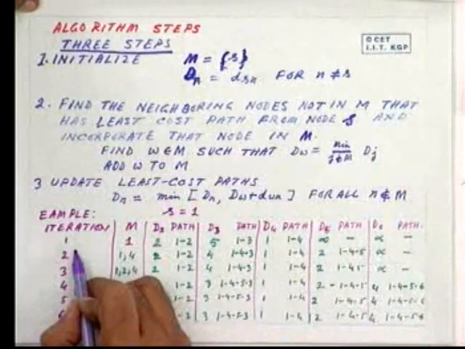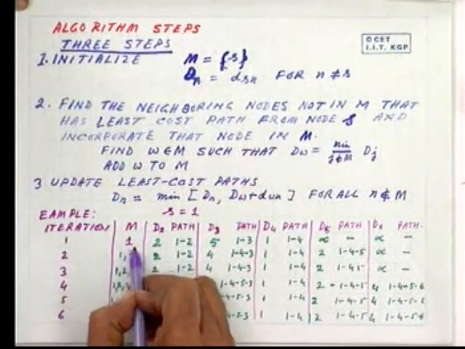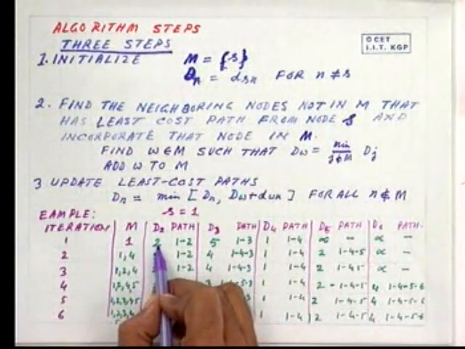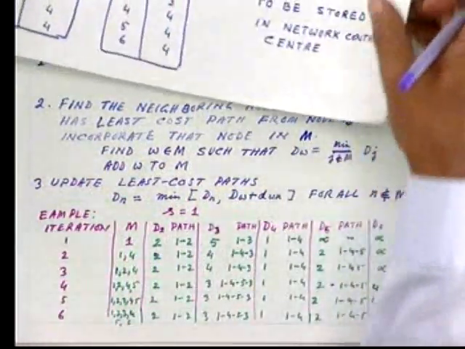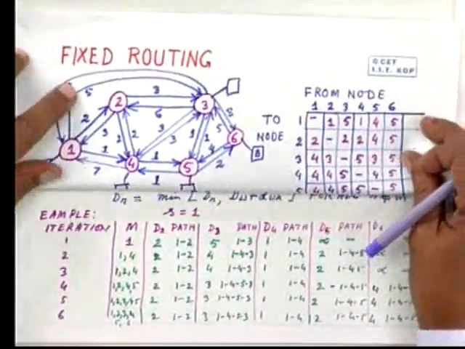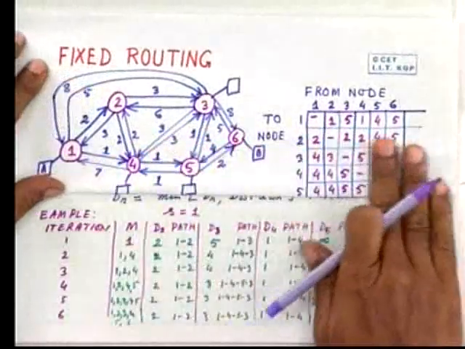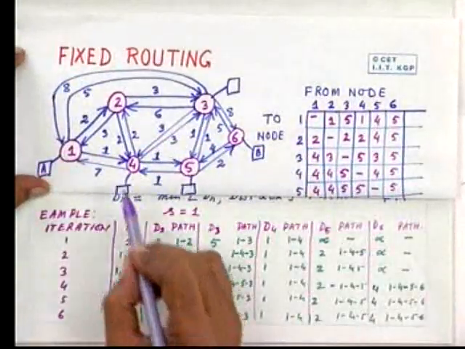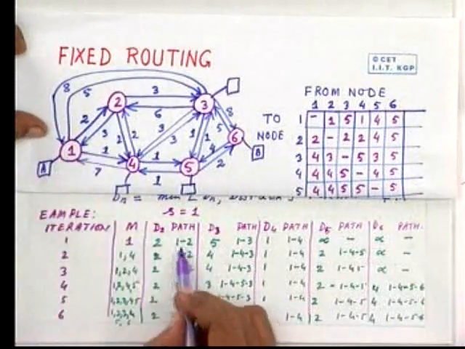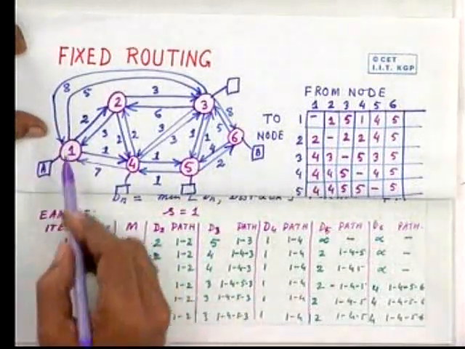In iteration 1, M is equal to 1, that is the list of nodes is 1. If I show you this particular diagram, it will be clear to you. Node 2 is directly connected, so 1 to 2 is the path and cost is 2.